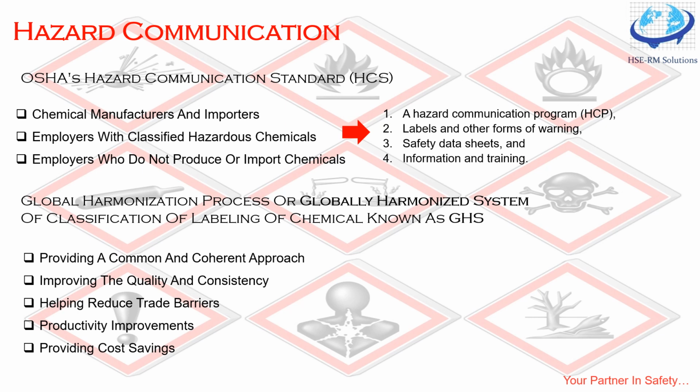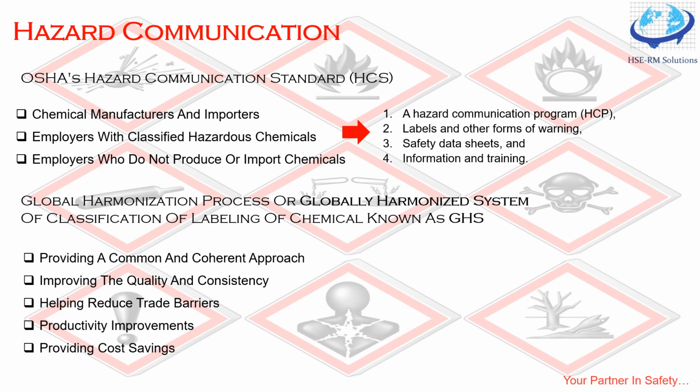Furthermore, employers who do not produce or import chemicals need to focus only on those parts of this rule that deal with establishing a workplace program and communicating information to their workers. So these are the basic things.